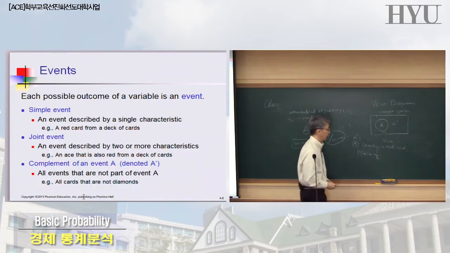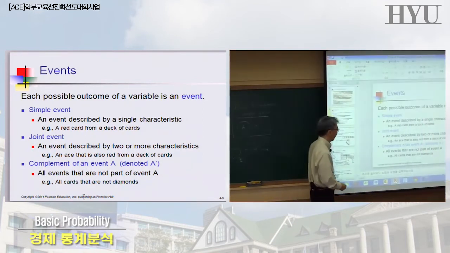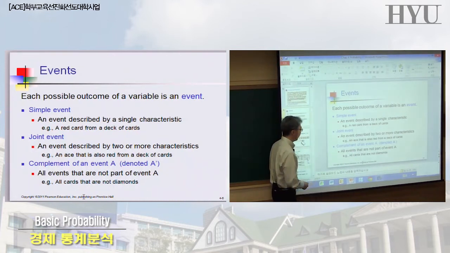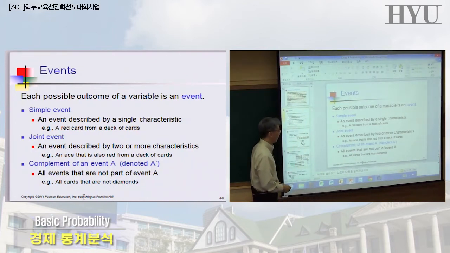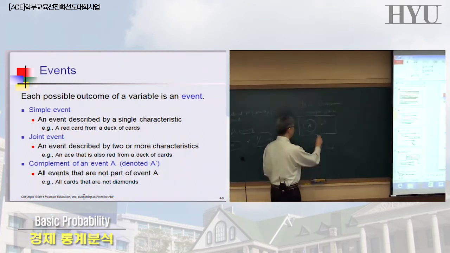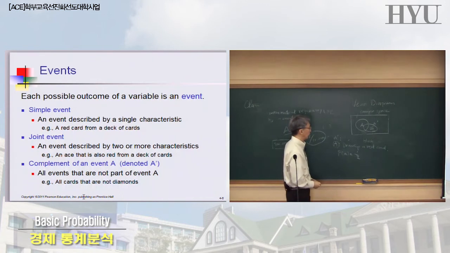Now, let's bring in another event. Here we have another event, that is the event that your card is an ace. I can write it that way or draw it that way.